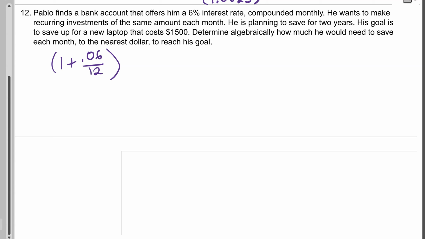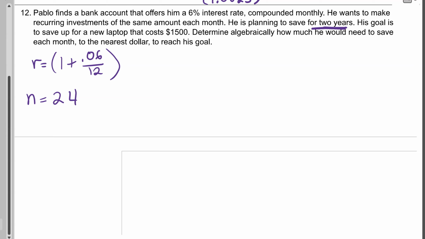He is planning to save for 2 years. Now, bear in mind, right, this is my common ratio between my terms. If he's saving for 2 years, since our interest is compounded monthly, that's actually 24 terms I would have to look at in whatever this series is. And his goal is to save up for a new laptop that costs $1,500.